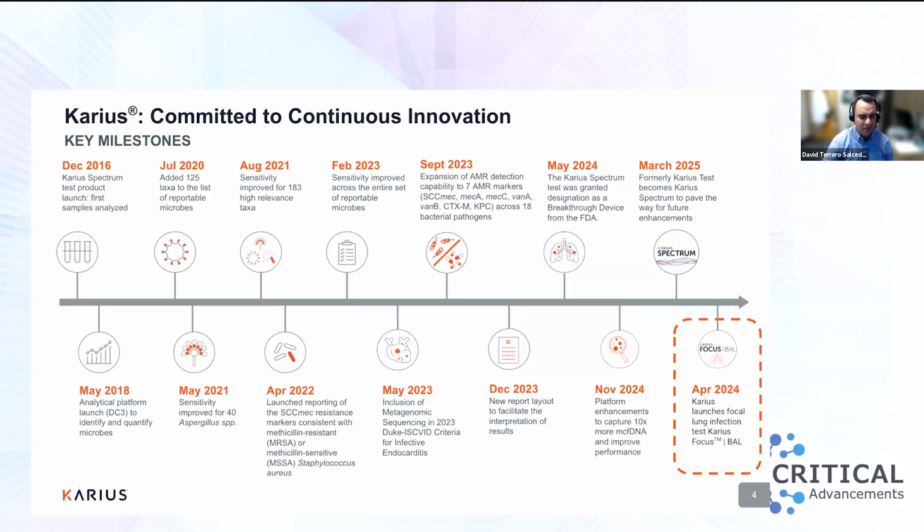The Karius test has a new name. It's called Karius Spectrum. I think that was sometime late last year or earlier this year. And Focus BAL is a new modality in terms of what the company is offering for metagenomics.